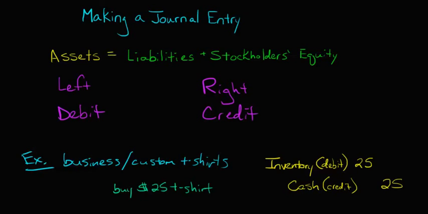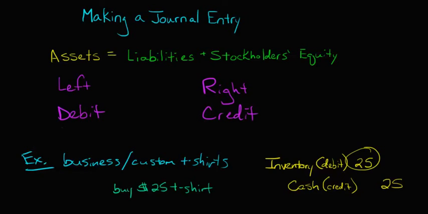Well, we talked about when we have an asset, assets increase with a debit, right? And then the opposite, if we decrease an asset, we decrease it with a credit. So here, we're increasing inventory, an asset, with a debit, and we're decreasing assets, in this case cash, with a credit. Okay. So the assets are going up and down at the same time.